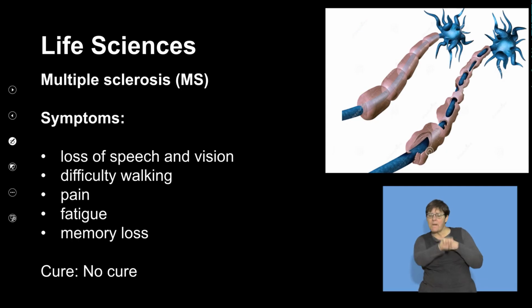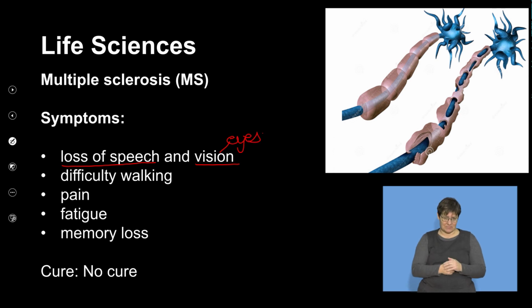Then what are the symptoms? It's again loss of speech and vision. So it affects your eyes. And once it affects your speech, it means also the brain is not functioning well. And it also affects your vision.